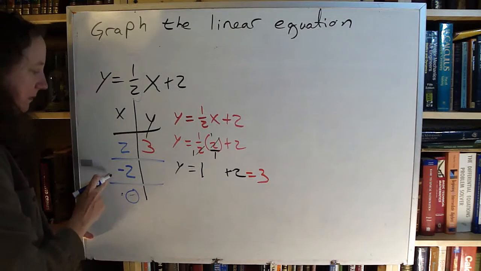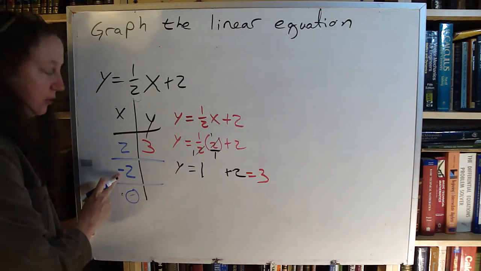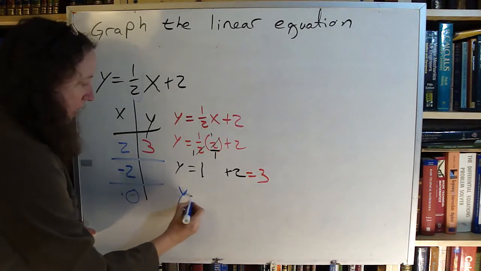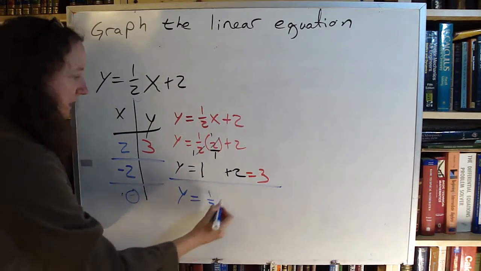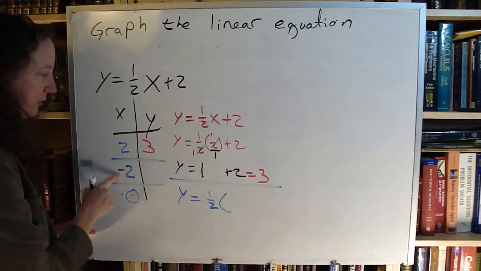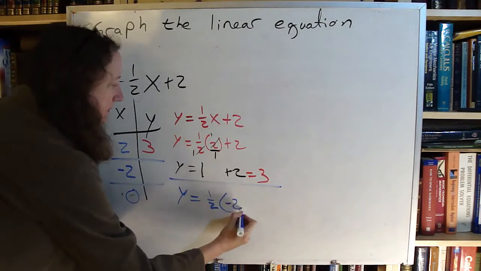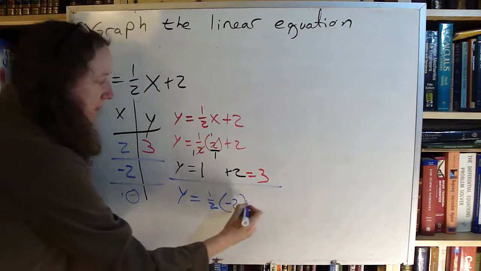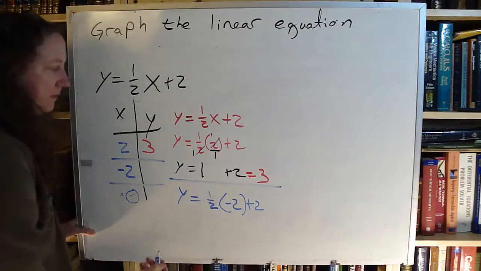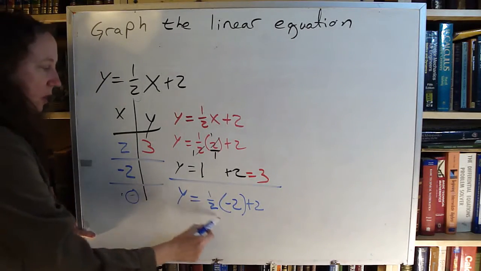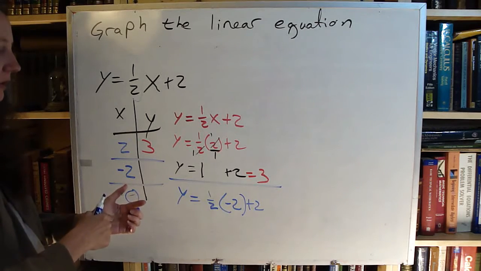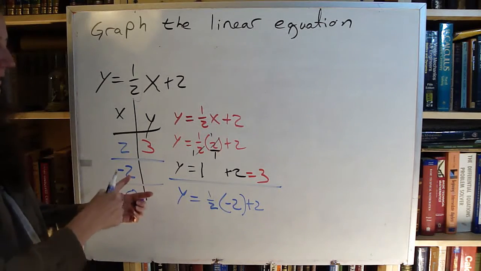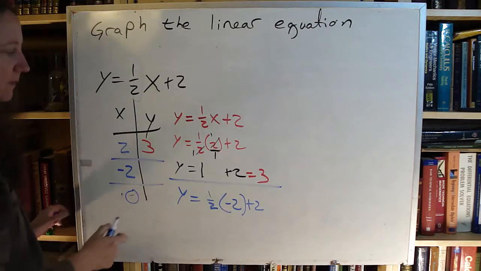Doing it again, this time with -2. Y equals 1/2 times -2 plus 2. So on my calculator I can type 1 a b/c 2 times -2 equals.